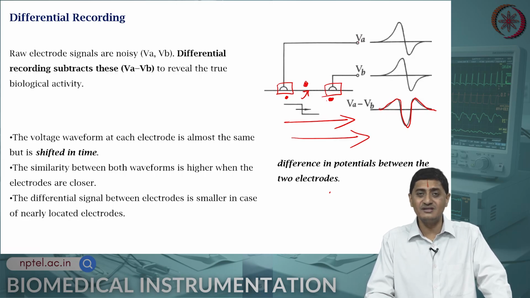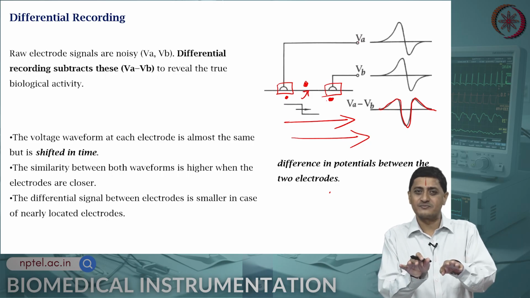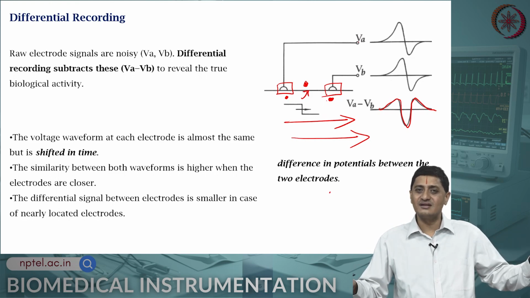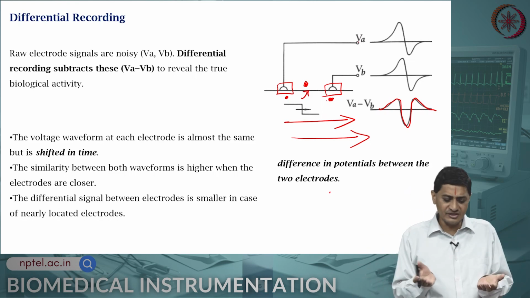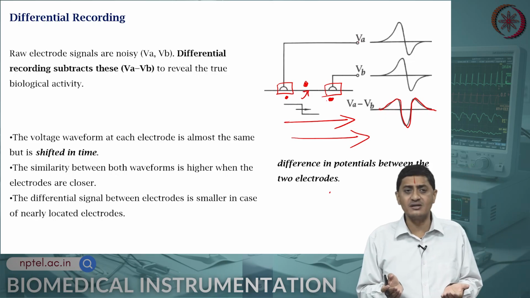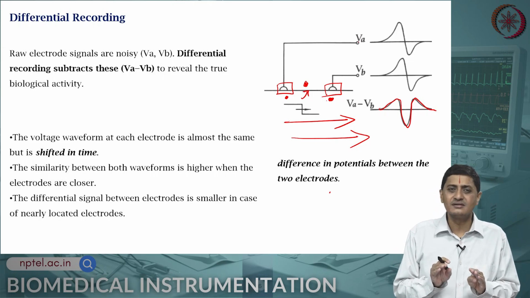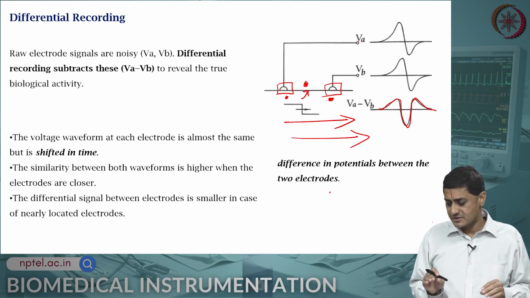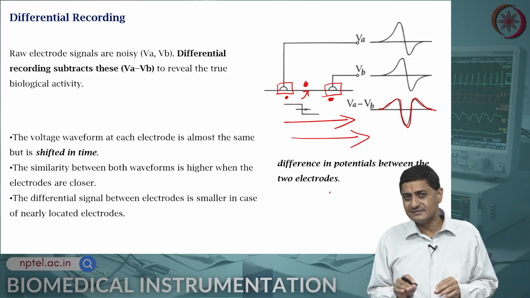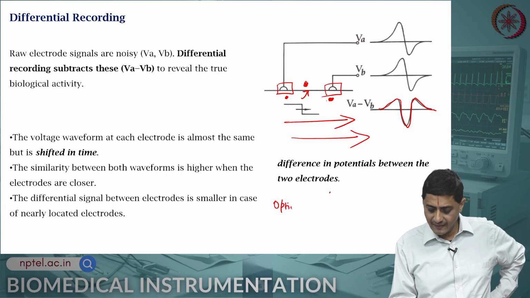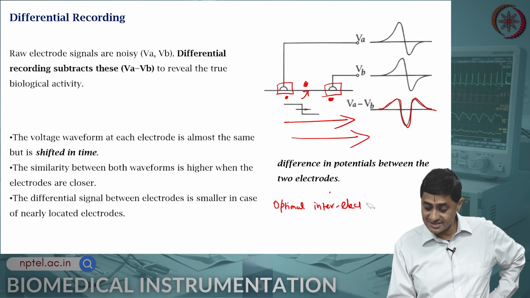The similarity between these two waveforms will be relatively high when the electrodes are kept closer. If the electrodes are far away, then the similarity will be very, very low. So, the differential signal between these two electrodes is smaller when the electrodes are located near to each other. So, that means there is such a thing called optimal inter-electrode distance.